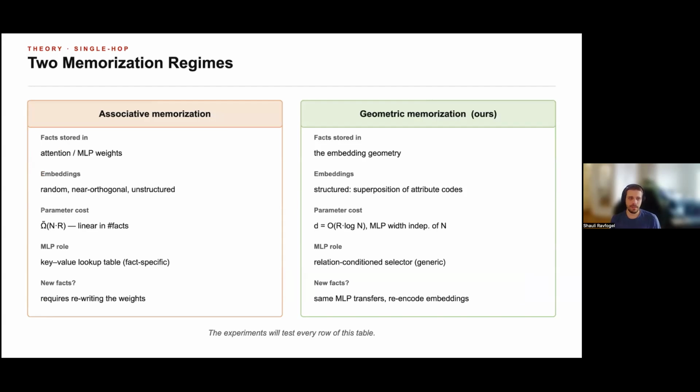The associative memorization regime, where the facts are stored in the MLP or the attention weights. The embeddings are roughly orthogonal, and the parameter cost in the MLP is linear in the number of facts, while in our geometric setting, the fact storage is in the geometry of the embedding matrix, the embeddings are more structured, and the dimensionality of the embeddings is going to be linear in R, but logarithmic in N.